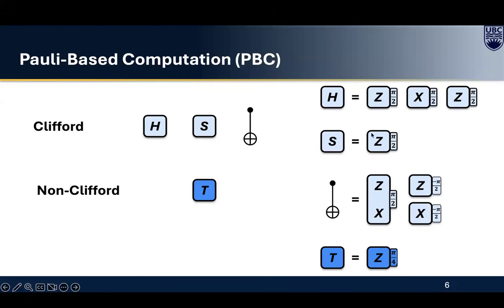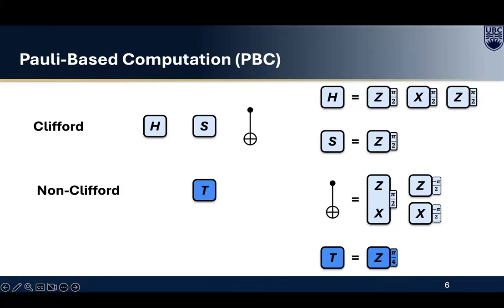When dealing with logical qubits, we have the three bases X, Y, and Z, and here we only have X and Z rotation bases for those gates. And each rotation operator will also have a rotation angle associated with it. So all Clifford rotations are pi over 2 rotations, and the non-Clifford rotations are pi over 4 rotations.